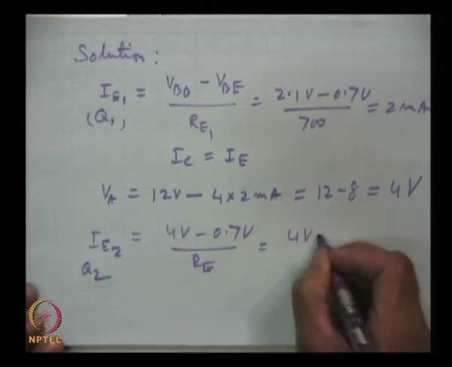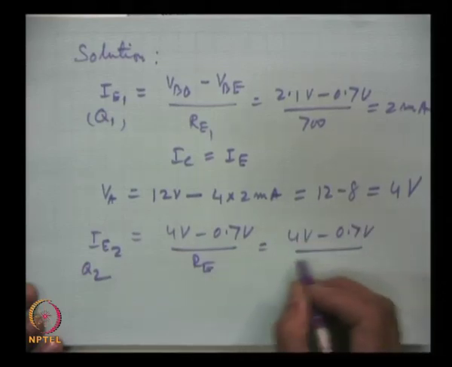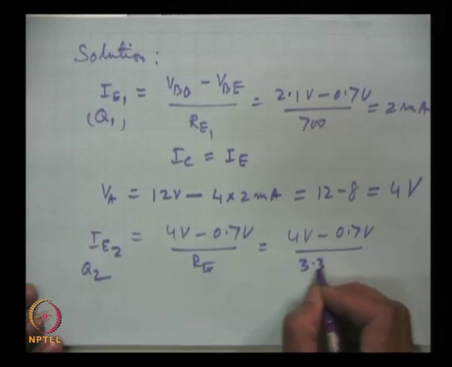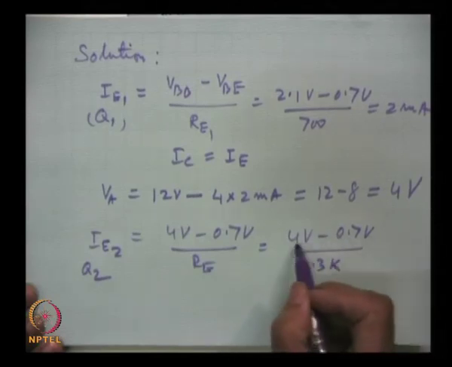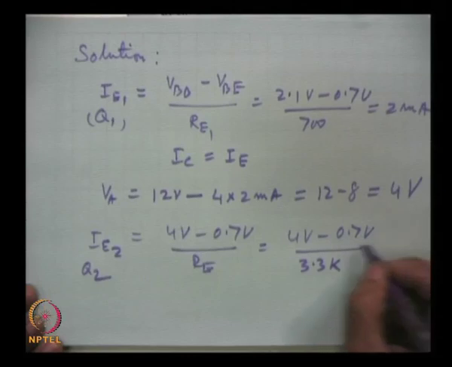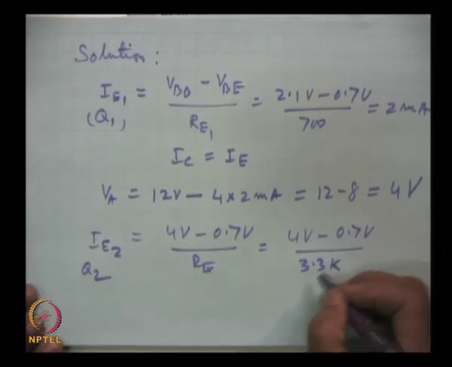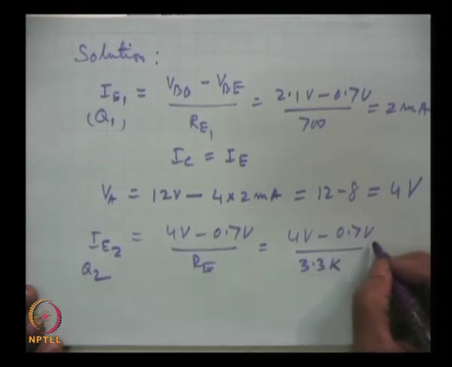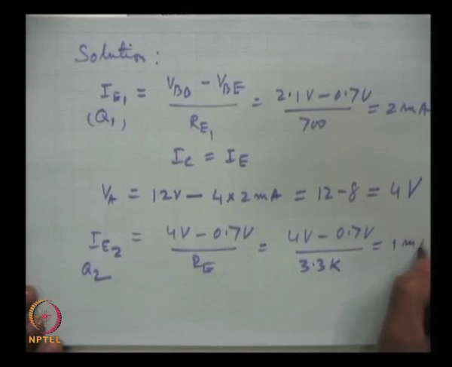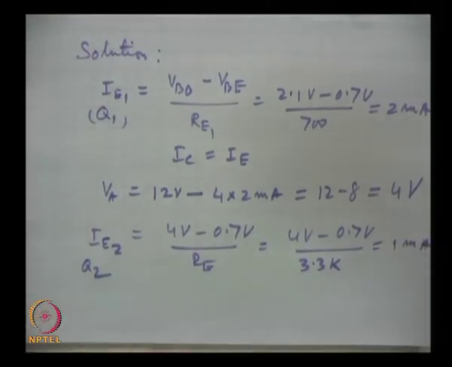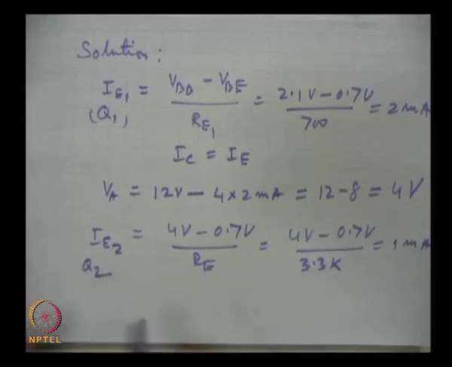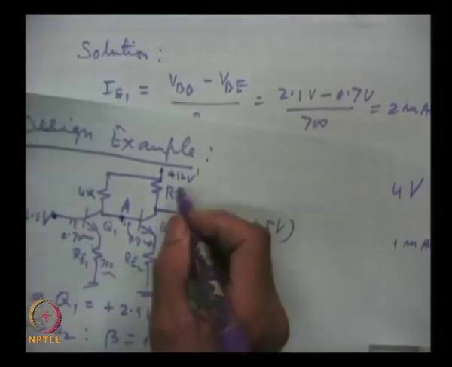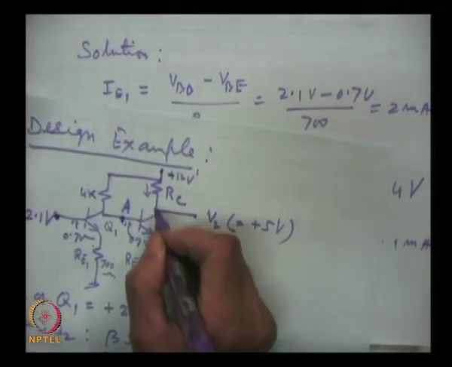So, 4 volts minus 0.7 volts is 3.3 volts, and RE is 3.3 K. So, 3.3 volts divided by 3.3 K gives 1 milliampere. This is same as IC2 here. This current is flowing through this resistor.